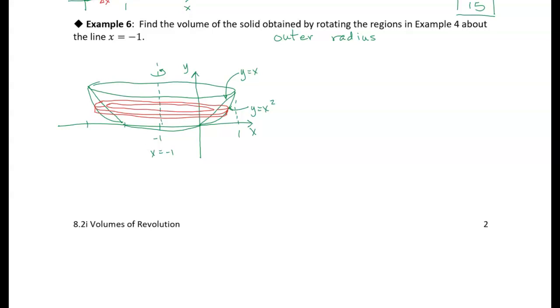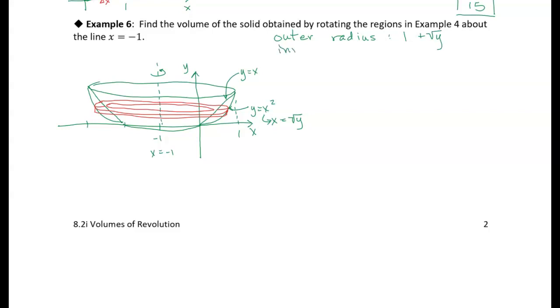Now I'm going in the x direction, so I really want x. So x equals the square root of y is just another way to write that same thing. So that'll give me the amount over in the x direction. So I'm going from -1 over to the y-axis and then an additional amount over to the curve y equals x squared, which is the same as x equals square root of y. All right, so we're going to end up with 1 plus the square root of y. That'll be the outer radius.